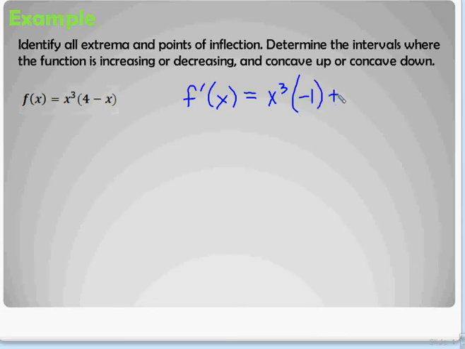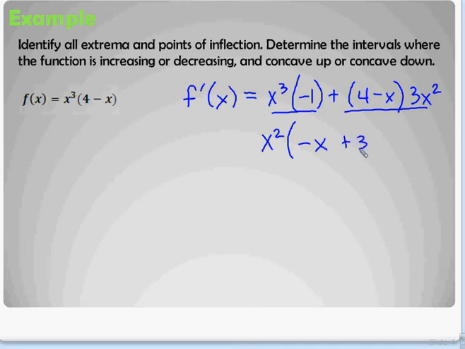So I'm going to pull that out, and that will be a negative x left here. And then I would have a plus 3 times the quantity 4 minus x when that guy is factored. And then cleaning up that inside piece, he's got to distribute in. And so that would be negative x plus 12 minus 3x in that piece.